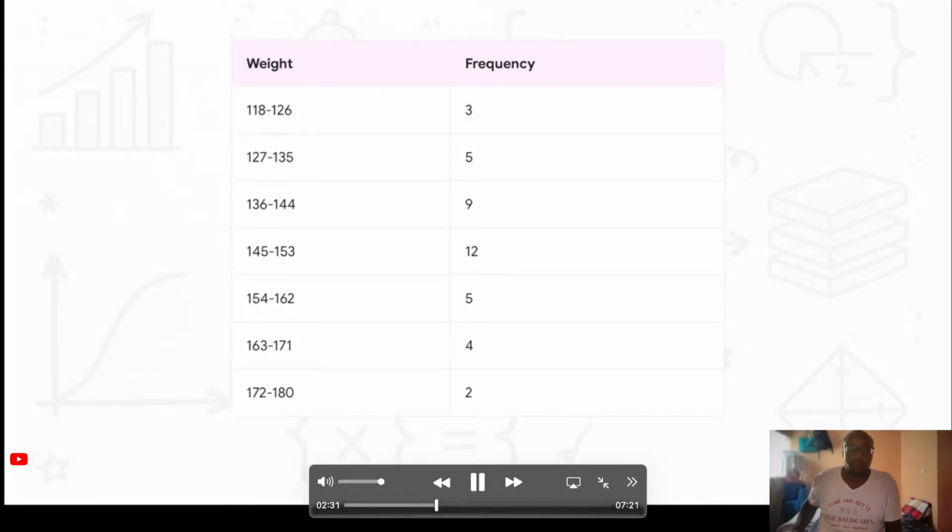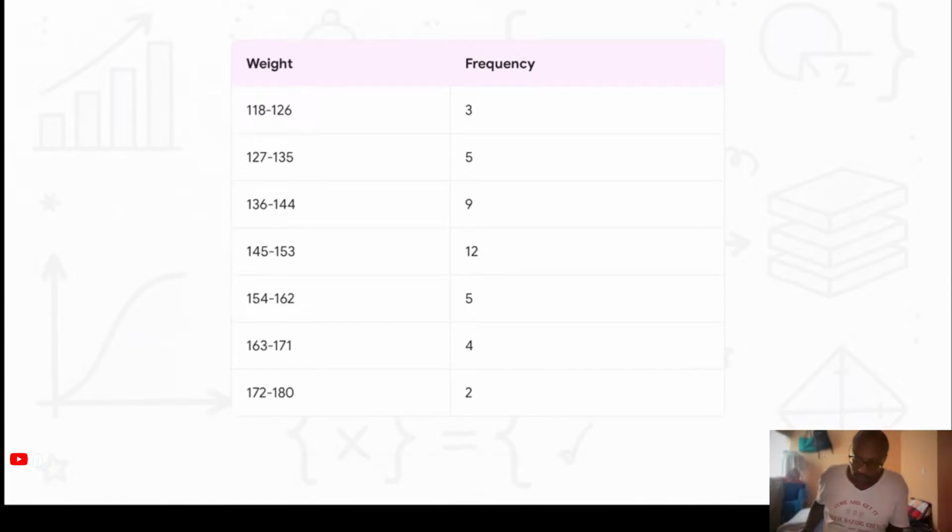You get the summary, not the raw list of every single person. All those precise individual weights are hidden inside these groups.